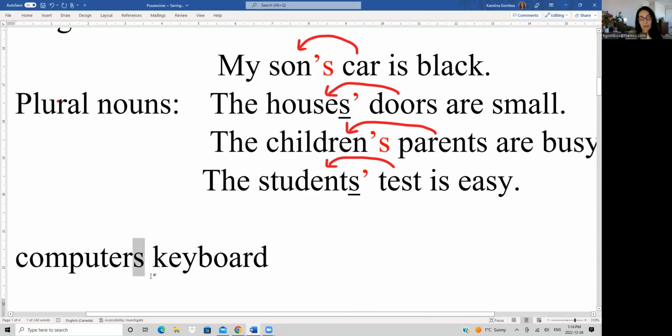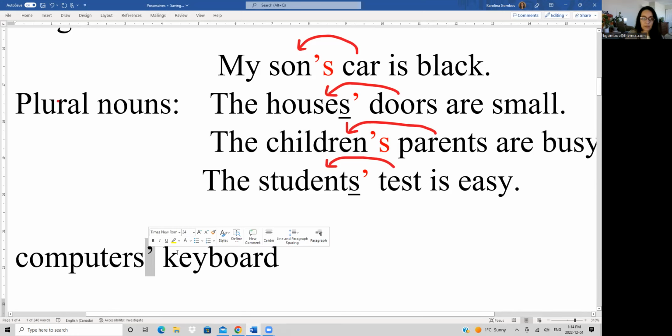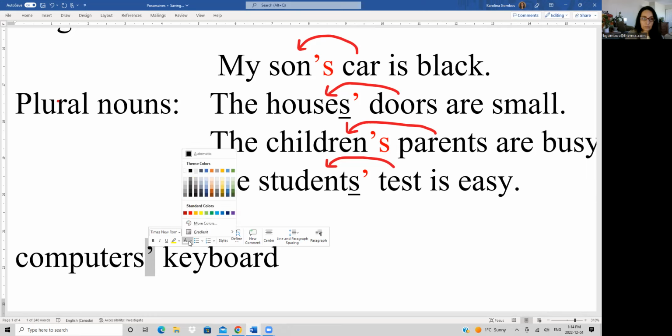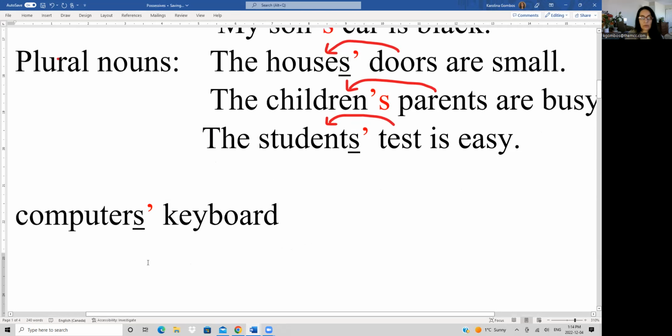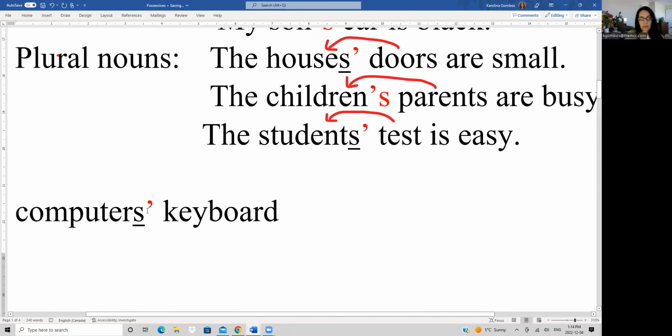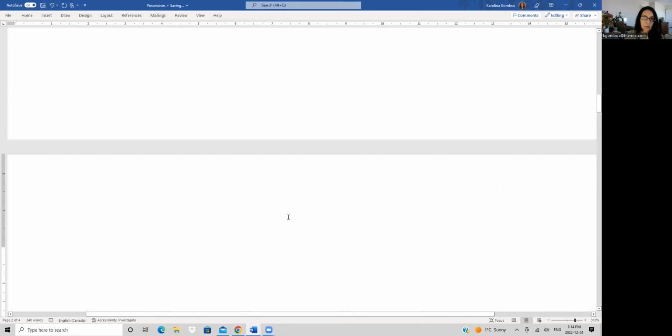So if it already ends with an S, all I have to do is put an apostrophe here. Okay, so the computers' keyboard, why? Because I already had an S there. That's what happens when you have a plural. Okay, when you have a plural noun ending in S, all you have to do is put an apostrophe. Okay, let me give you another one.